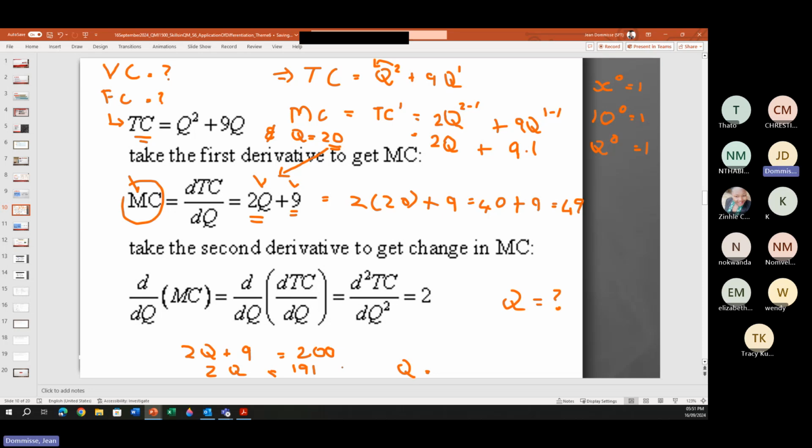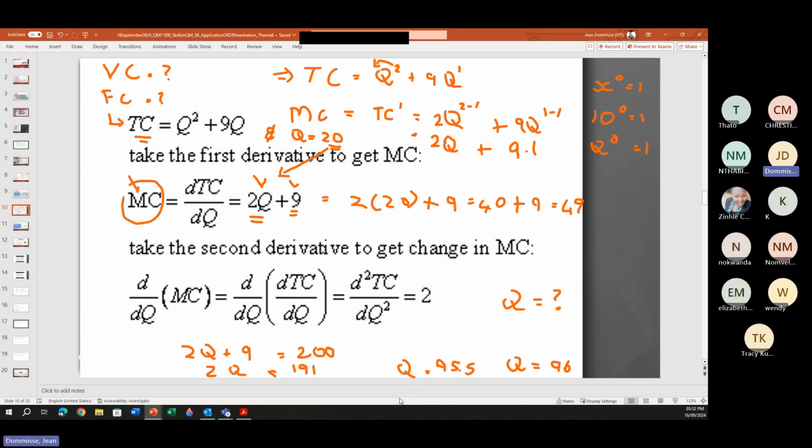So this is a bit of a strange one that I now did. That gives us 95.5, which then means that you need to create 96 units because you can't have a half unit. So they could nearly do it the opposite way around as well to say, you've got the total cost function.